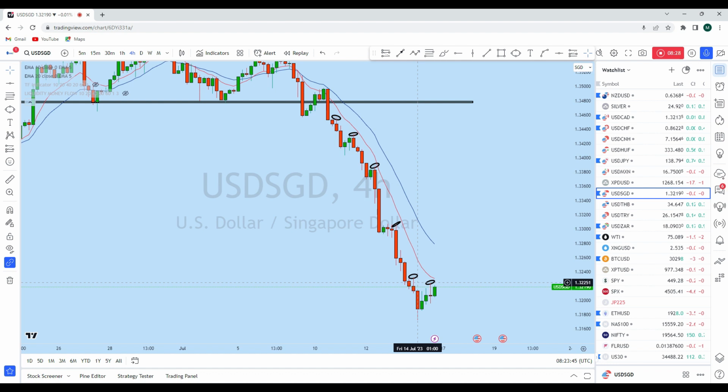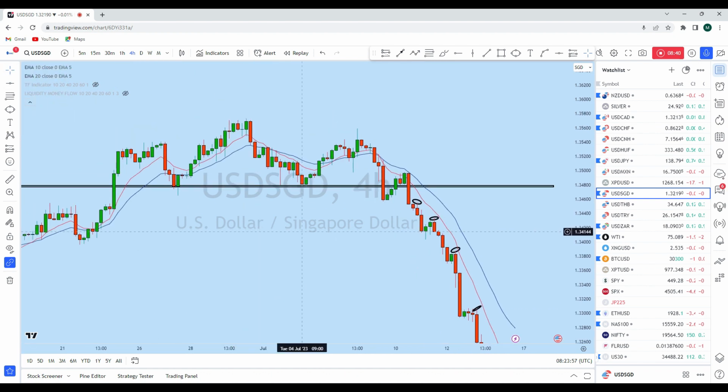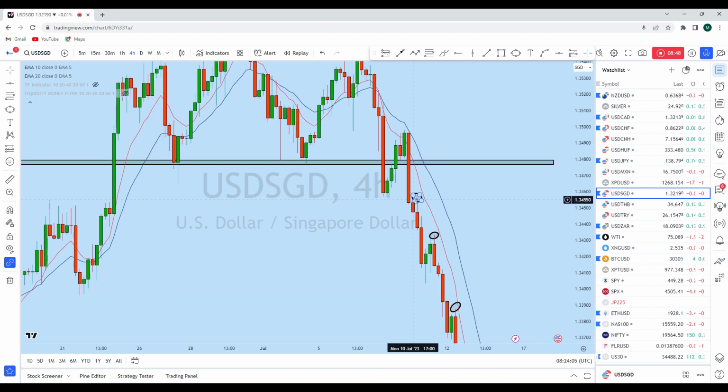And what is liquidity? As I mentioned, it is the volume in the market, where huge volume comes in. If I give you an example, let's say we are selling from this zone, we are a seller, but our stop loss in that zone is a buy order.